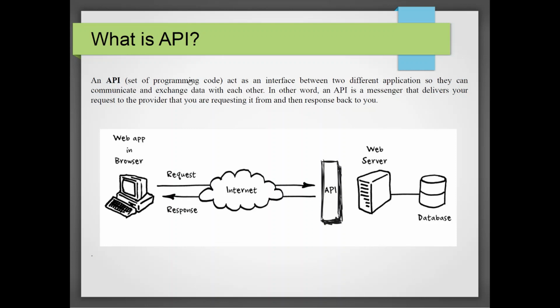In this photo, you can see that in a web application we are browsing something, we are requesting something, it goes through the internet and API gets that request. After getting the request, API will fetch your response from the web service or database and get back to you as a response.